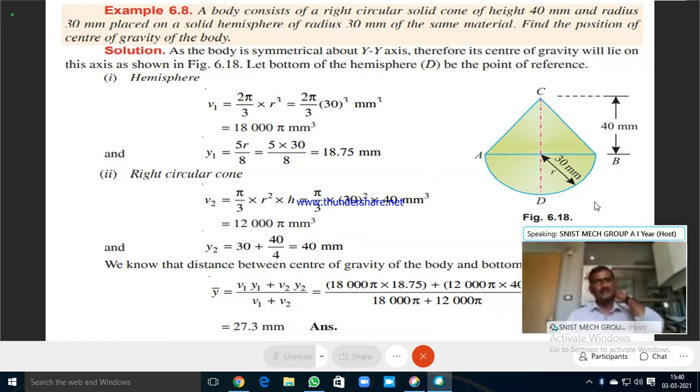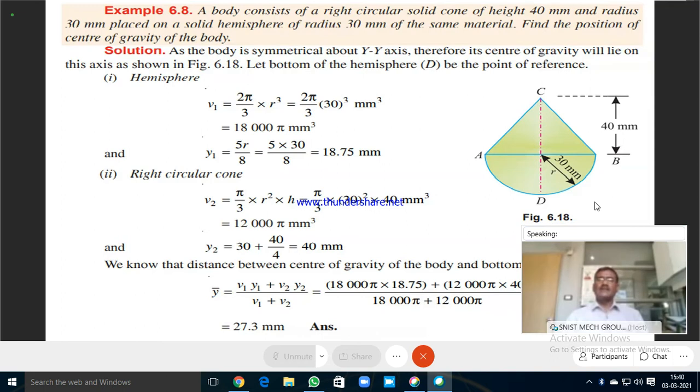Very simple problem. So divide this into two parts. Bottom is hemisphere, and above that you have a cone, and call this hemisphere as 1 and cone as 2. So write the expression for volume 1, V1, 2 by 3 pi r cube, and Y1 from the bottom is 5r by 8.